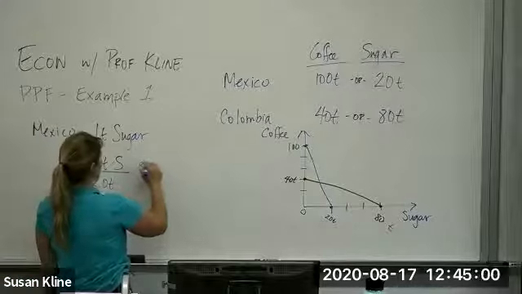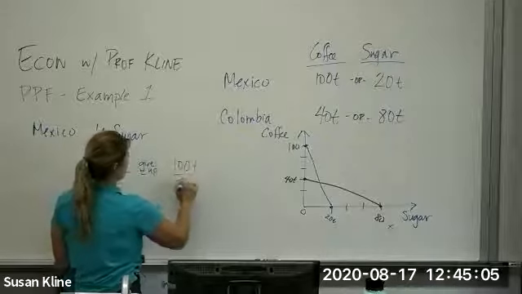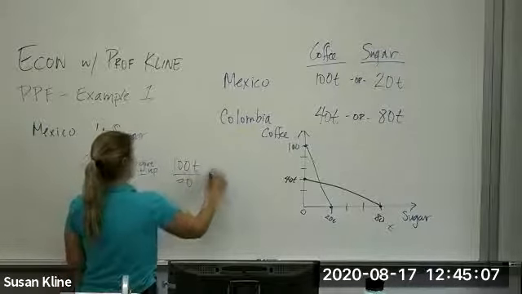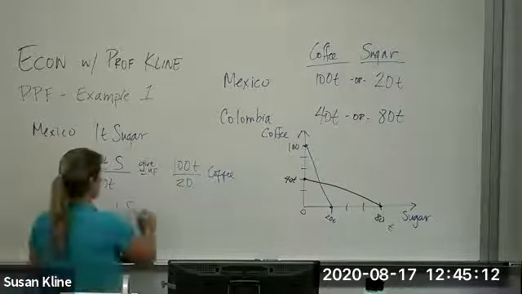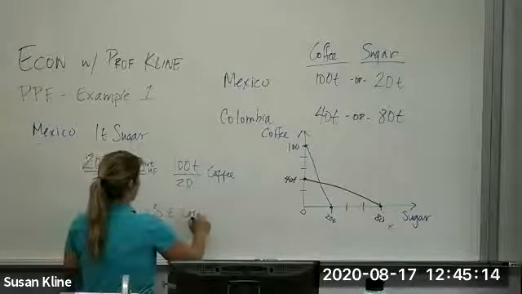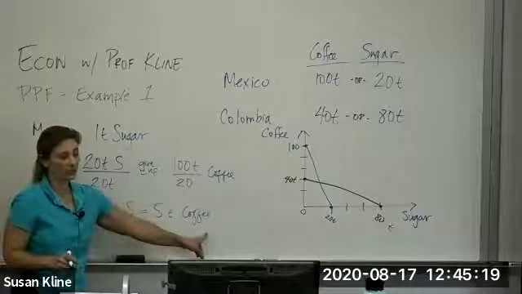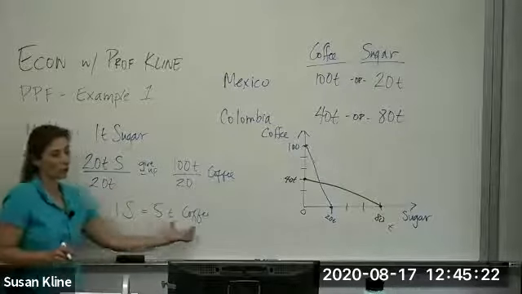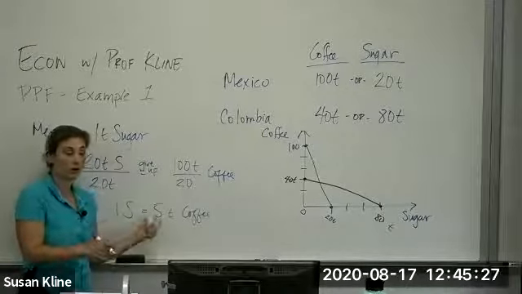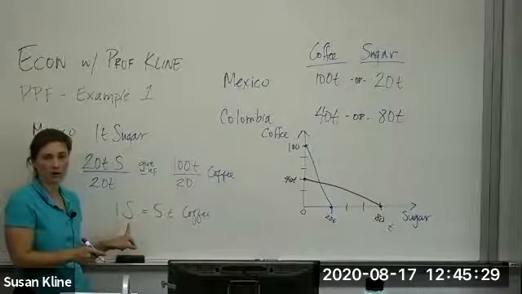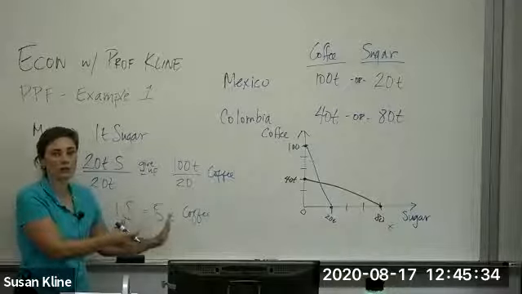We give up 100 tons of coffee. And so what we get is 1 ton of sugar is worth 5 tons of coffee, right? And so notice when we just did this a moment ago, 1 coffee was 1/5. So these will always be the inverse of each other, or the reciprocal. So before, 1 ton of coffee is worth 1/5 of sugar. It will always follow then that 1 sugar is worth 5 coffee.